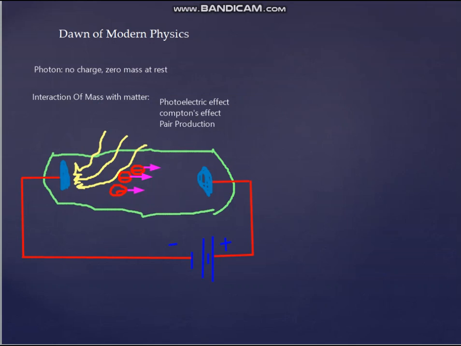We've got three phenomena: the photoelectric effect, the Compton effect, and pair production. First of all, we're going to be discussing the photoelectric effect.